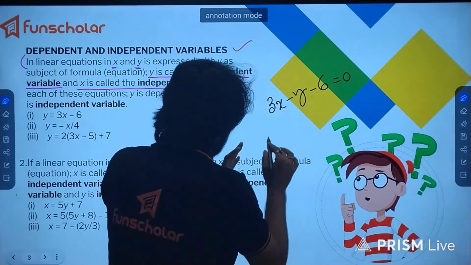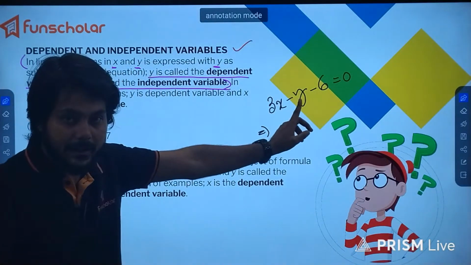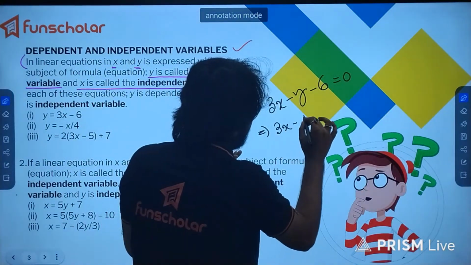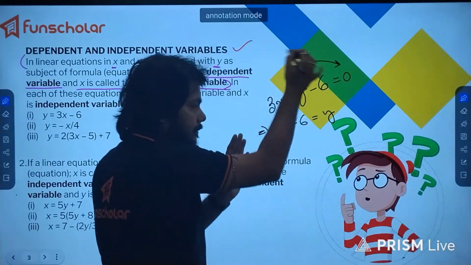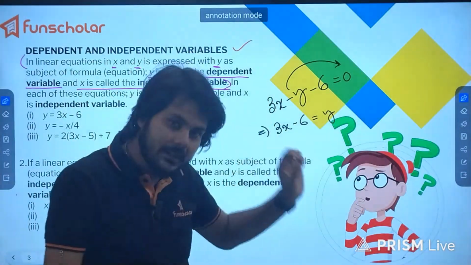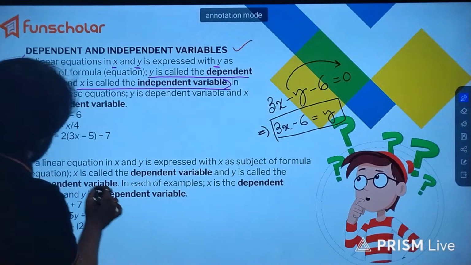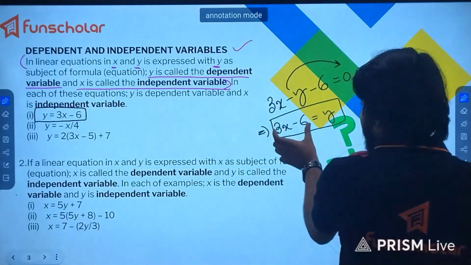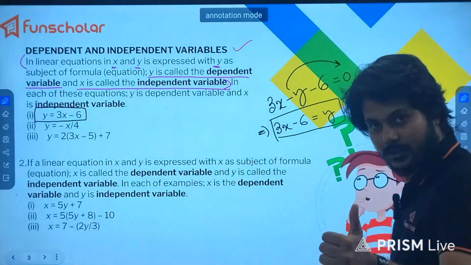If we transpose this variable y to the RHS, then it will be like this: 3x minus 6 equal to y. When transposed to the RHS, the minus sign will be converted into plus. So this equation is very much similar to this equation. Yes or no? Just comment yes or no. This equation is the same as this equation. Clear?